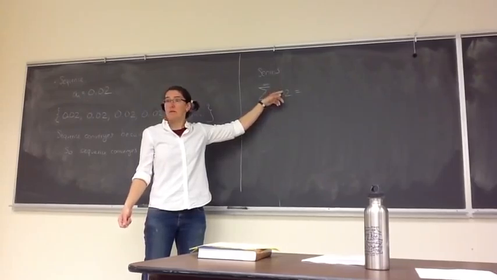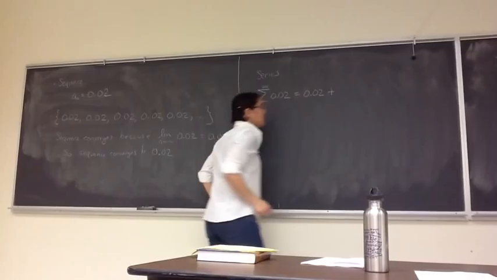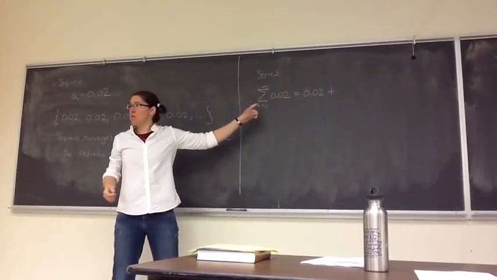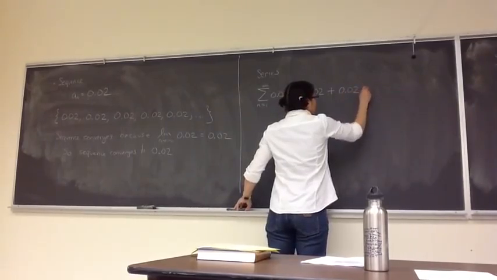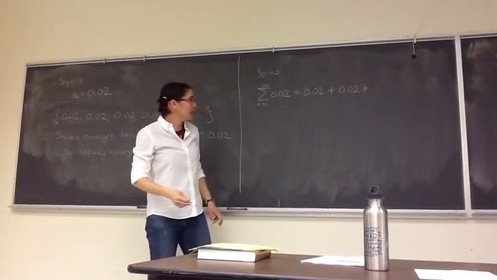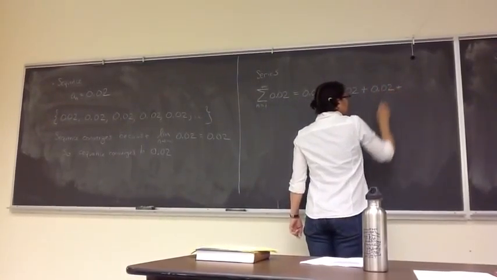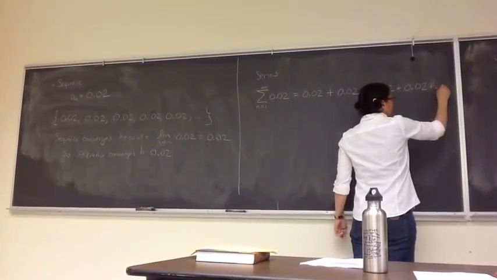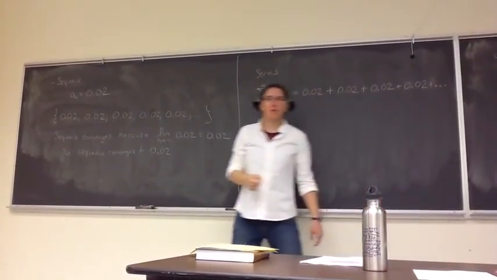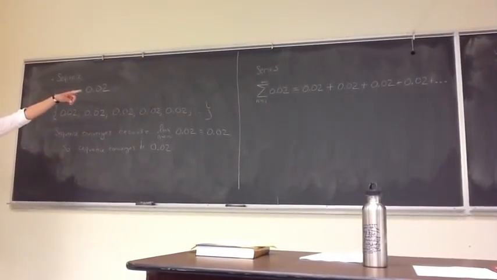There are no n's in my formula, so I just write down 0.02. And when n is equal to 2, I write down 0.02. So I've got 0.02 plus 0.02 plus 0.02 plus 0.02 plus 0.02 plus 0.02 plus 0.02 forever and ever and ever.